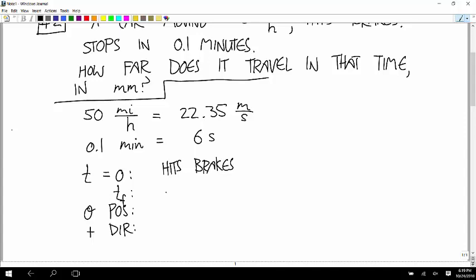Time final has to be when it comes to rest. The 0 position, so these two are arbitrary, but I'm going to choose the 0 position to be the car's location at time equals 0. And the positive direction, I'm going to choose the direction of motion.